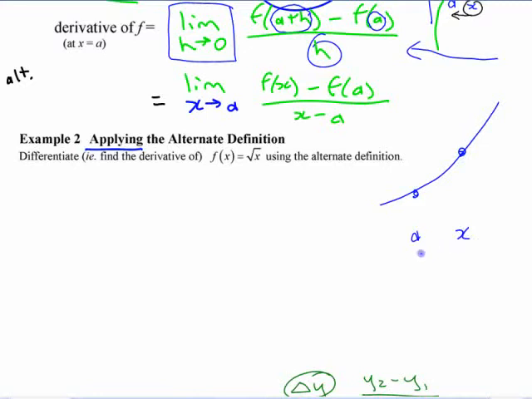So instead of saying the distance in between them is h and I'm going to make that approach 0, you can say I have 2 points here and I'm going to move this one closer and closer. Okay, as in you take this one and make it approach the a value there. So the derivative of this is as x approaches a, not as h approaches 0. It's the same thing, it's just labeling it differently and setting it up differently.